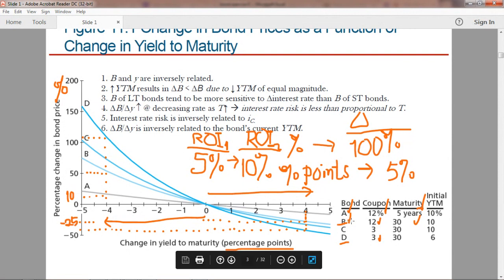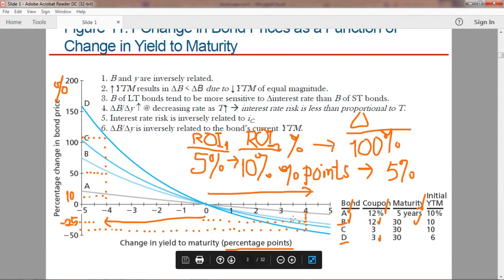A bond like bond A has a high coupon rate, short maturity, and high yield to maturity. Such a bond will show relatively less convexity, less curvature, and it will be a relatively straight line.